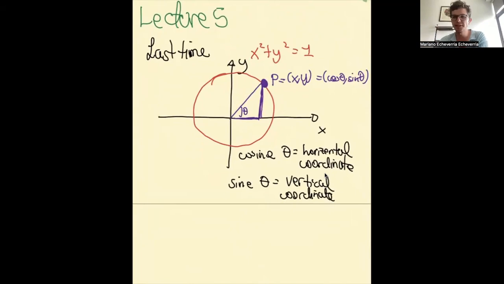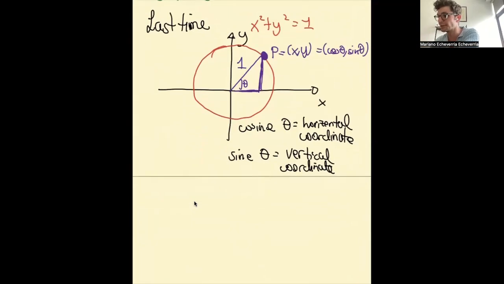So basically the most important thing involving sine and cosine is how they are related to a right triangle and also to the unit circle. This is why this notation is used.